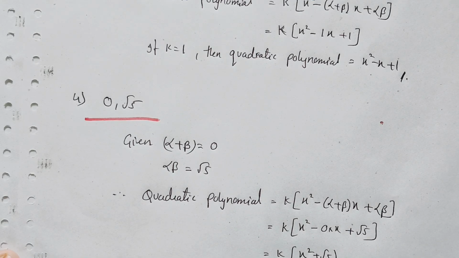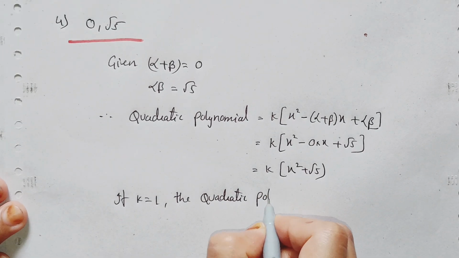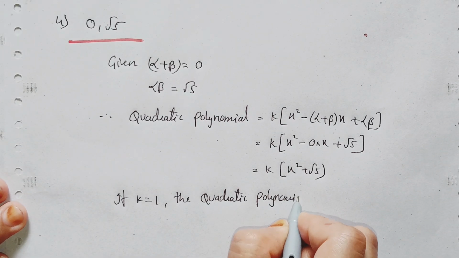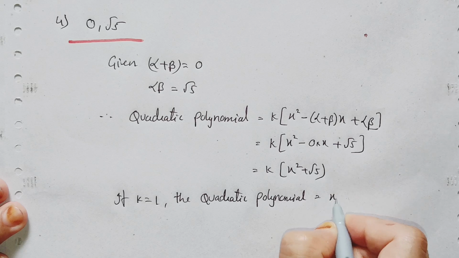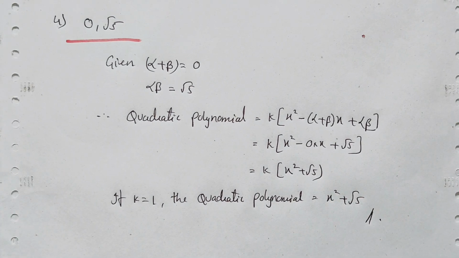Okay, if k equal to 1, the quadratic polynomial is x square plus root 5. Okay guys, this is the answer.